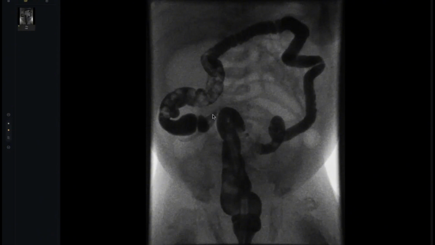What do you expect here? This is the ileocecal valve, by the way. But the contrast stopped here. It didn't go beyond the cecum. So what happened at this level?